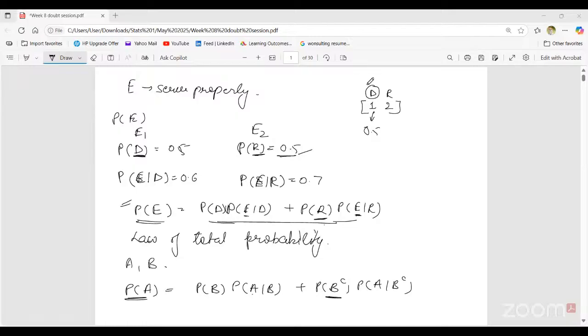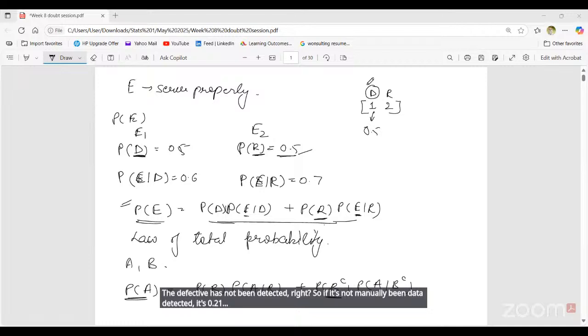Ma'am, here both are independent, right? According to the tutorial one, they are independent. So we need to find the defective disk not being detected. If it's not manually detected, it's 0.3, then electronically 0.2. So not detected is 0.3 into 0.2.